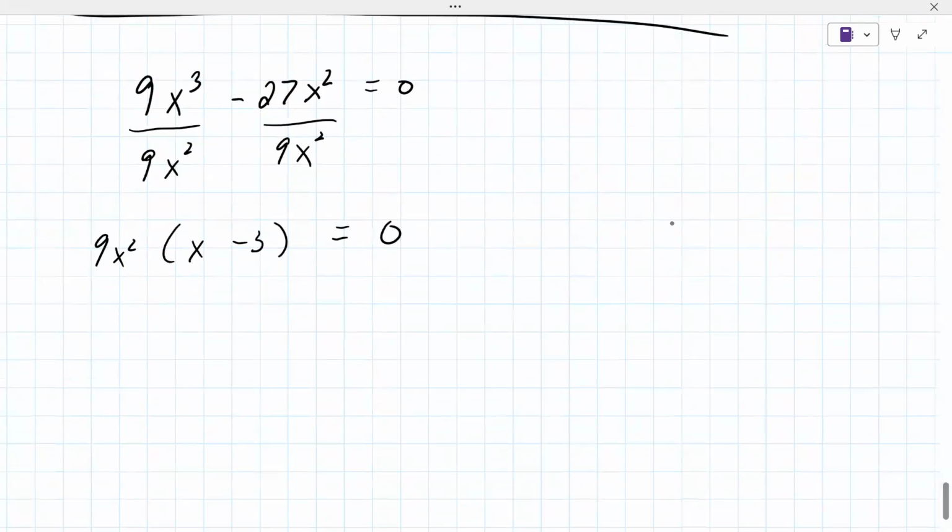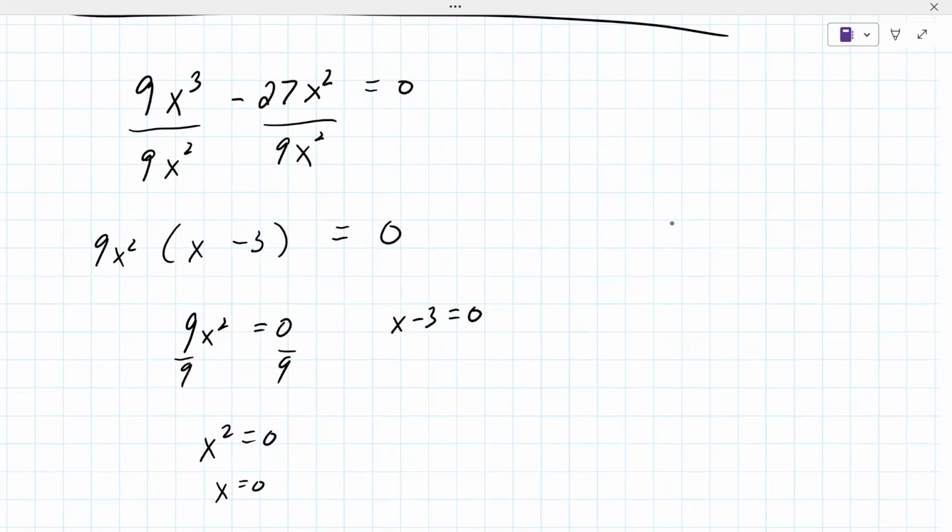And so you still set them each equal to 0. So on the left here, you divide by 9, that goes away, you get x squared equals 0. So that's x equals 0 because it doesn't matter what the power is. And then on the right here, you get just x equals 3. Does that make sense? Yeah.